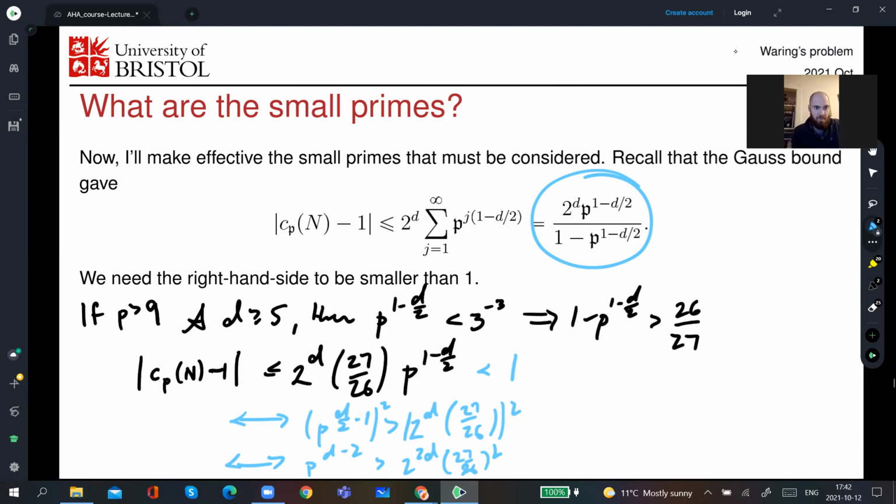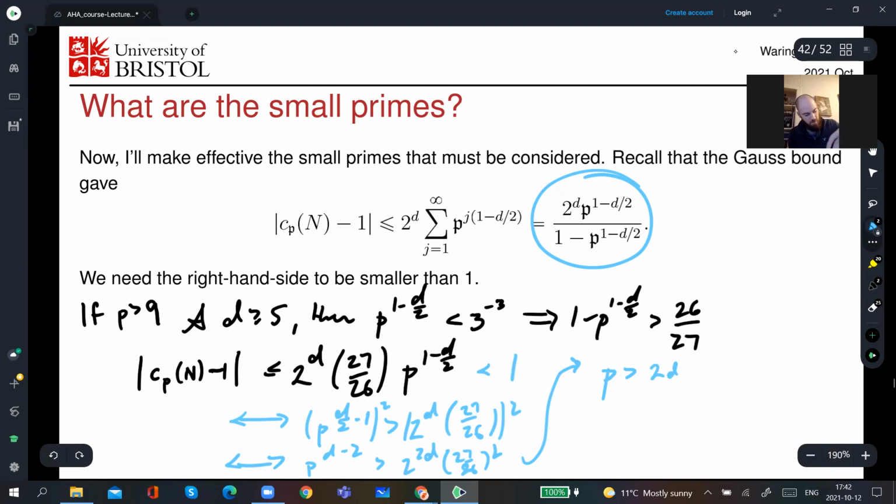Right? And now I take d minus 2 roots. So p is greater than 2 to the 2d times 27 over 26 squared, all to the 1 over d minus 2.